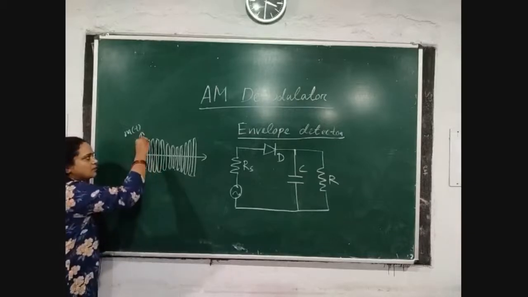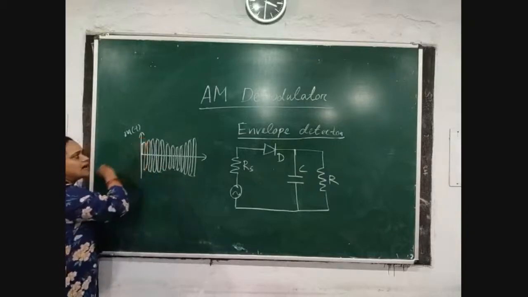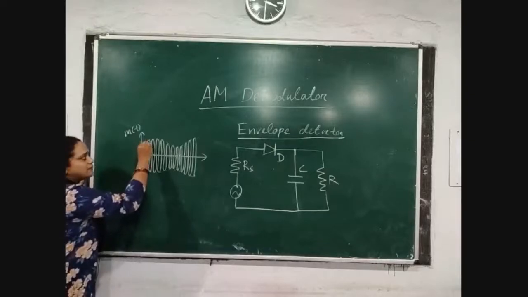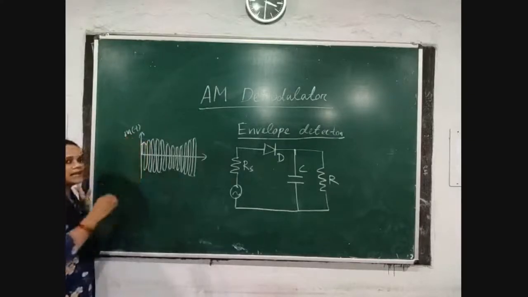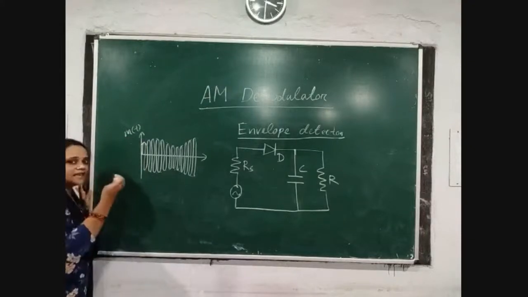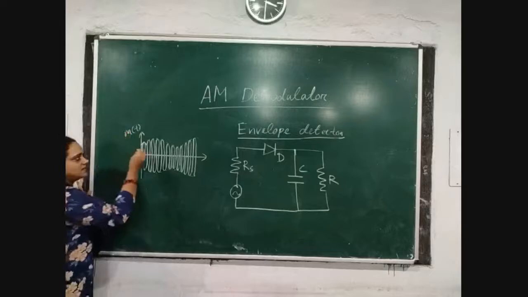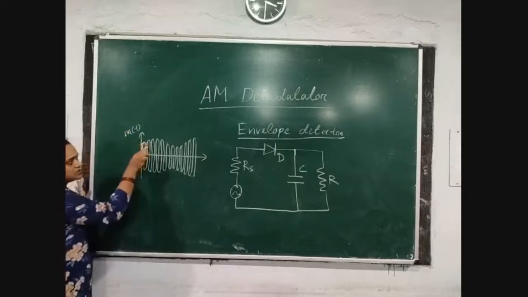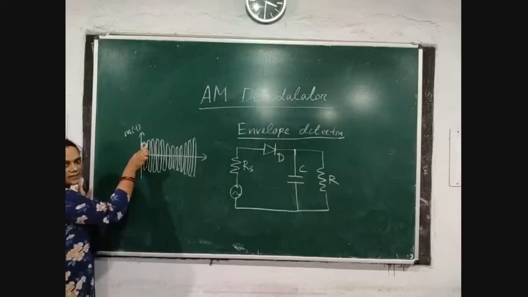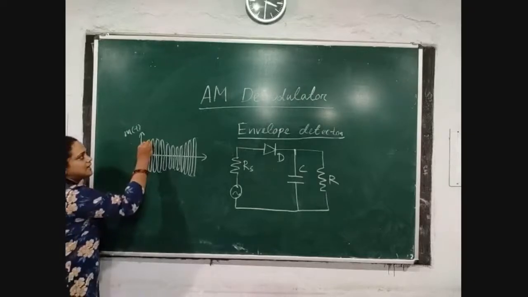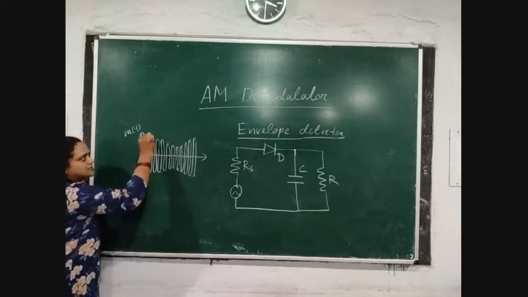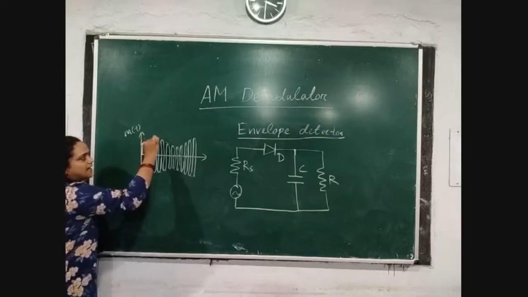So it slowly discharges until the next cycle. If the capacitor voltage is lower than the next half cycle, then it charges again. Here, the peak value is higher than the capacitor's charge, so it charges again, then discharges again. This process repeats again and again.